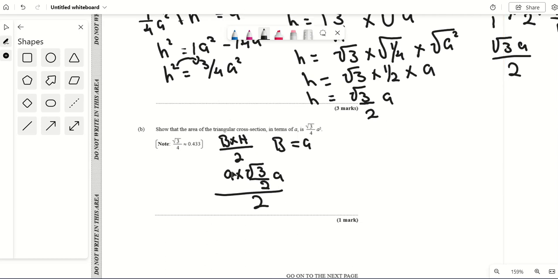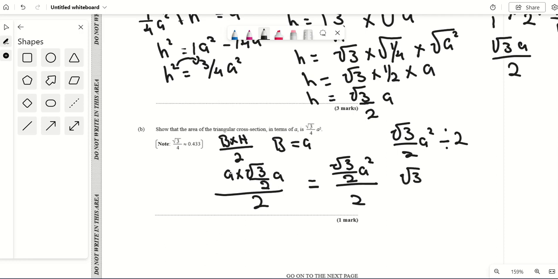Right, so after we get this, this is the same thing as saying a by root 3 over 2 a is root 3 over 2 a squared, all over 2, which is root 3 over 2 a squared divided by 2, which is root 3 a squared over 2 multiplied by 1 over 2, because remember this is 2 over 1.